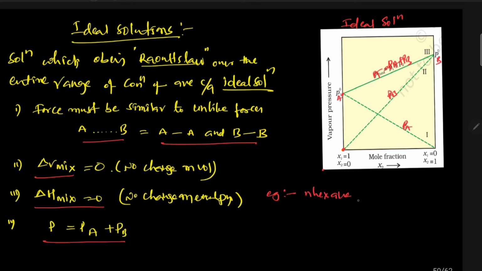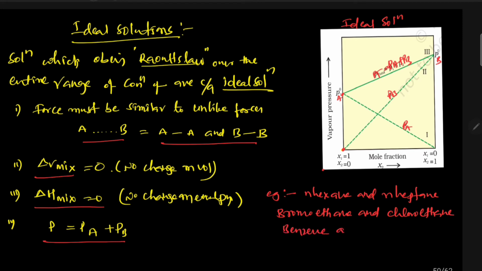N-hexane and N-heptane, bromoethane and chloroethane, benzene and toluene, and chlorobenzene and bromobenzene.